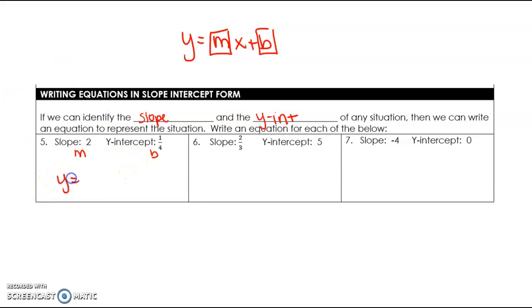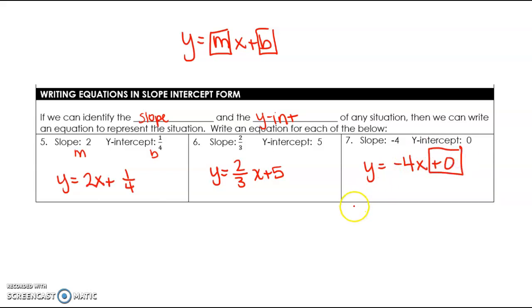So y equals 2x plus 1/4, y equals 2/3 x plus 5, and y equals negative 4x plus 0. Now the plus 0 is kind of overkill here. We know if we add 0 to it, nothing's going to happen. So it is more appropriate to write just negative 4x.